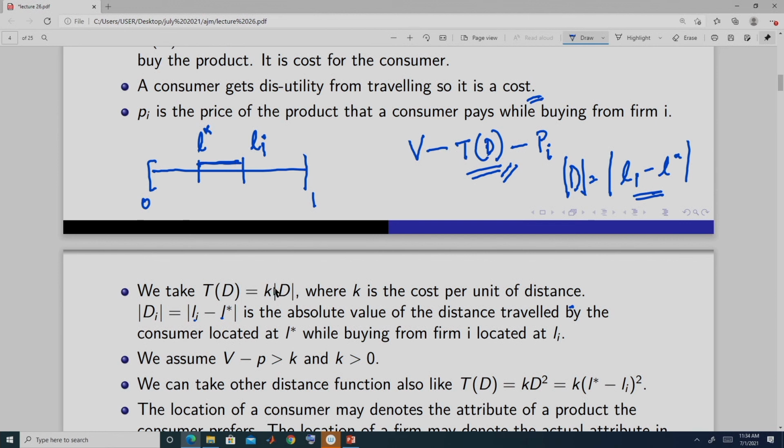This into k gives you the total cost incurred on traveling, or the disutility you get from traveling. Because if this consumer buys from this farm, you get this much small k into this distance as a cost.